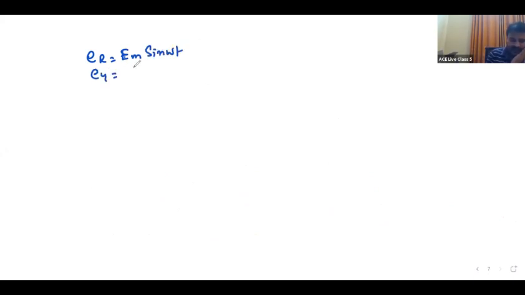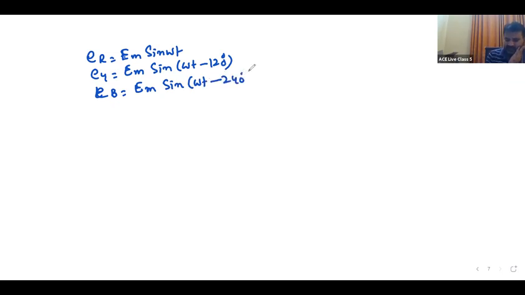EY is equal to EM sin omega t minus 120. EB is equal to EM sin omega t minus 240 degrees. In the earlier diagram, our balanced alternator, the phases have 120 degrees space displacement.